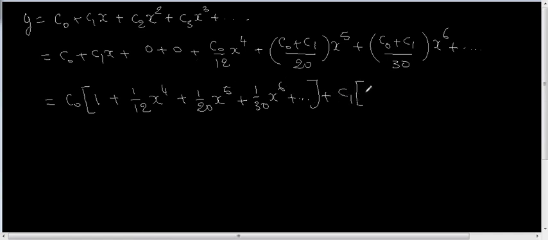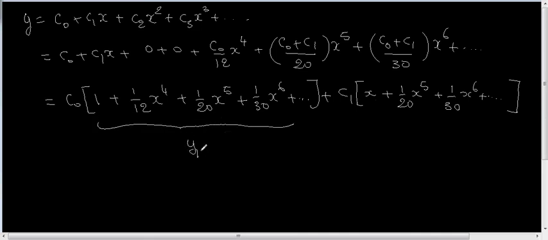The first term will be x, next term will be 1 over 20 x^5, and we'll have here 1 over 30 x^6.